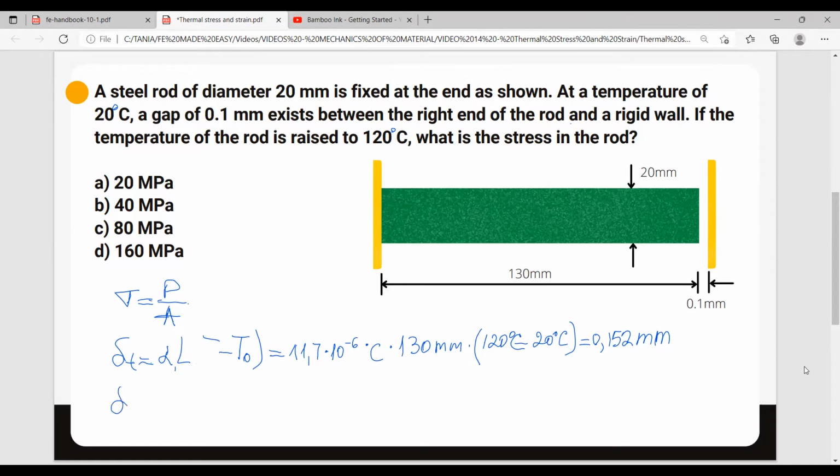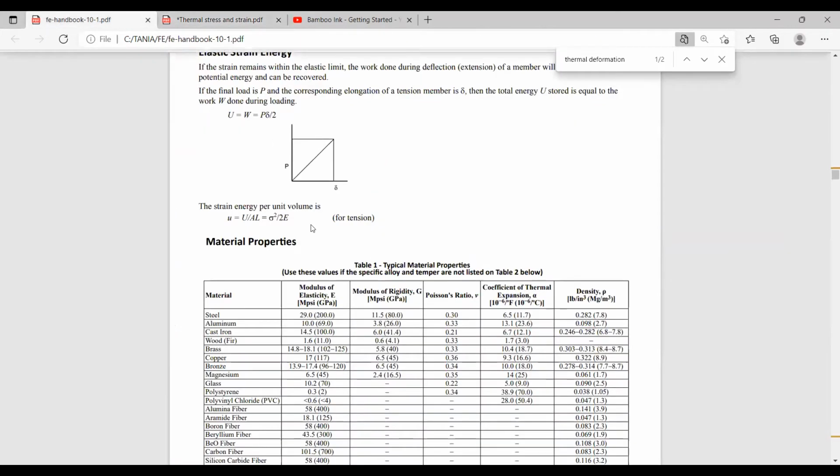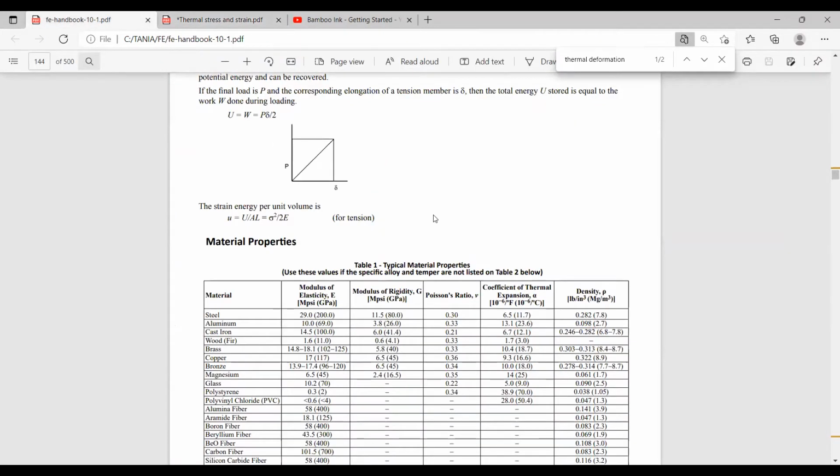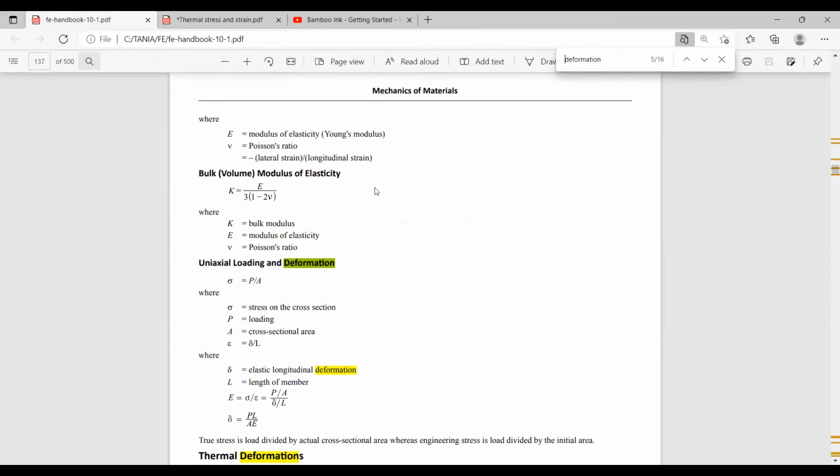So deformation due to compression equals, if you remember the formula, let's go back to the mechanics of materials. Here we go. Uniaxial loading and deformation. This is the stress that we have to calculate, and here is the deformation due to load. Let's write this formula down.